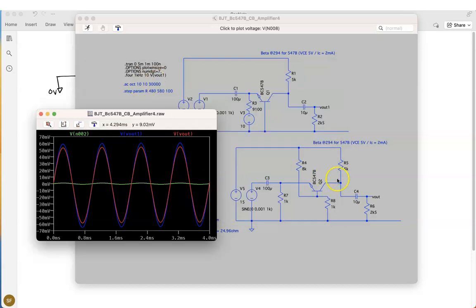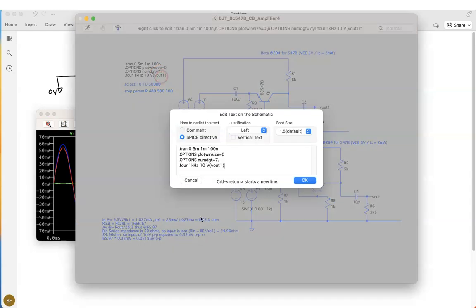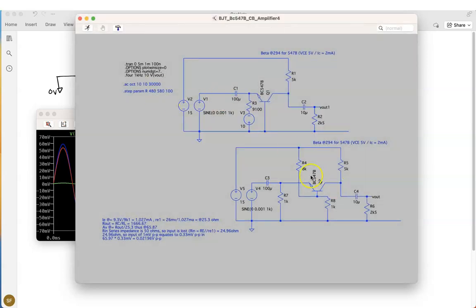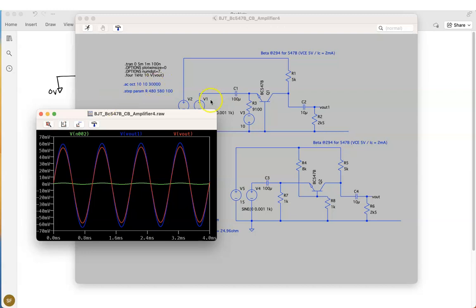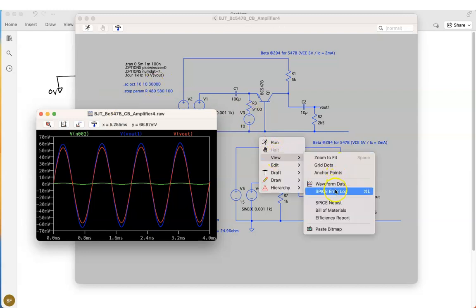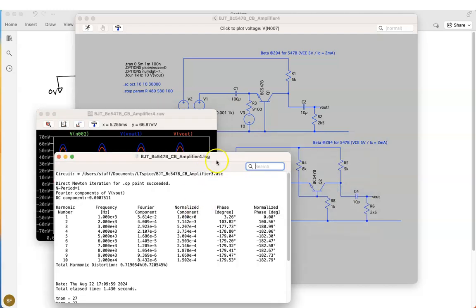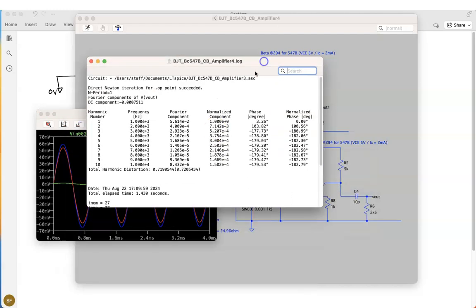So let's just change this analysis and look at this amp now. Let's just run it again. Ooh, 0.71.